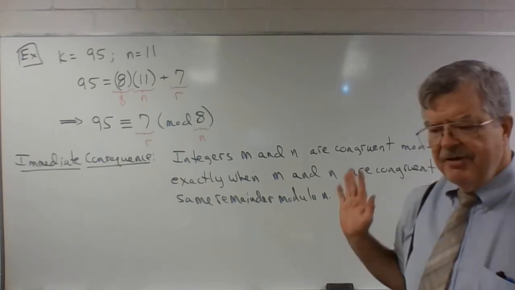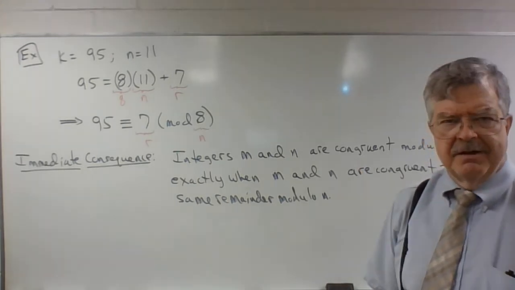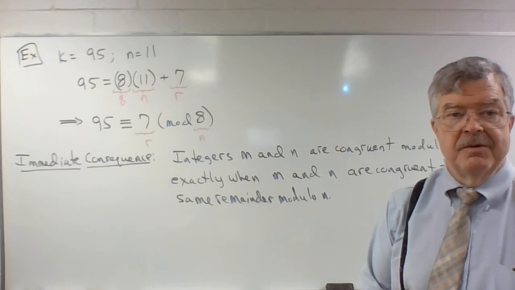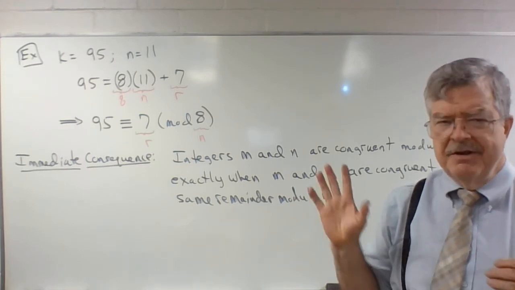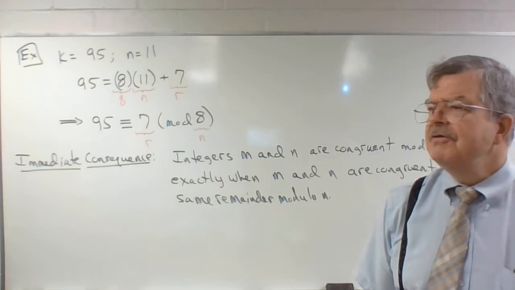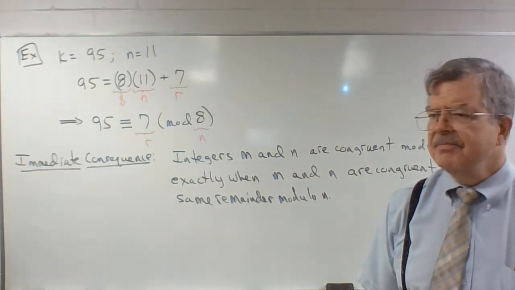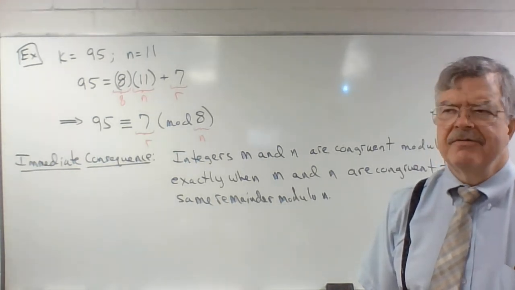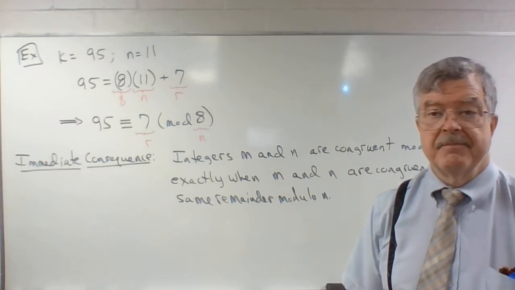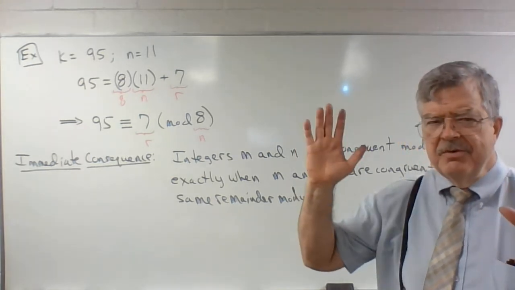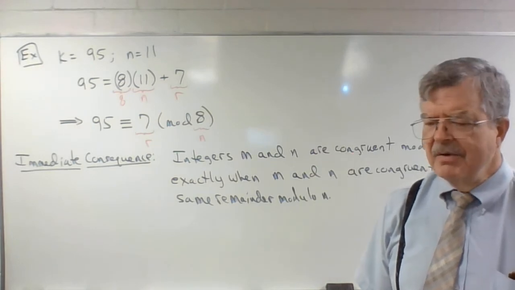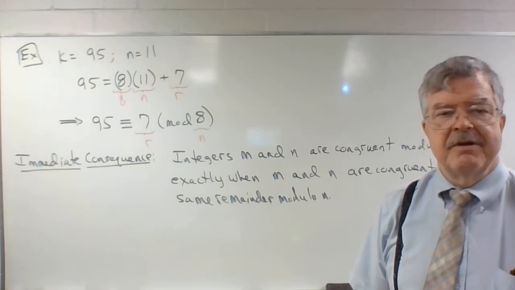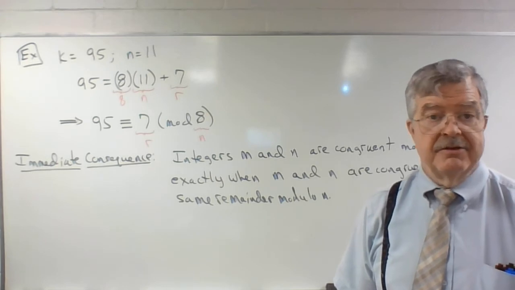And maybe I should put this characterization of congruence modulo n side by side with the one that we've been using before, namely that two integers are congruent exactly when their difference is a whole number multiple of n. So let's put those two characterizations of congruent modulo n side by side. They are equivalent, and we can use whichever characterization we want depending on the circumstances.